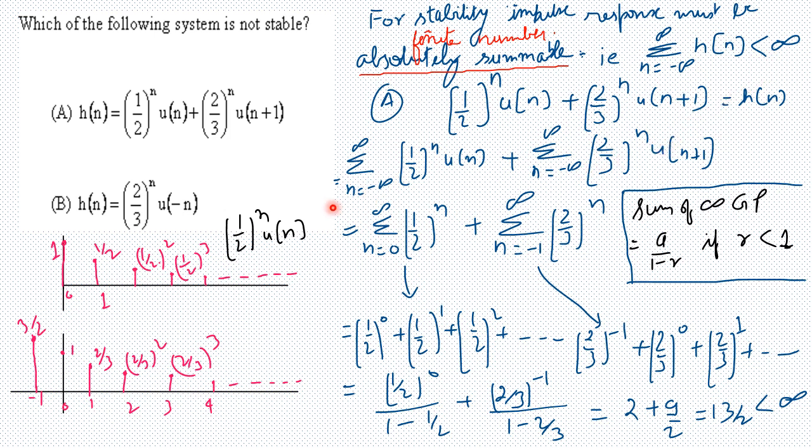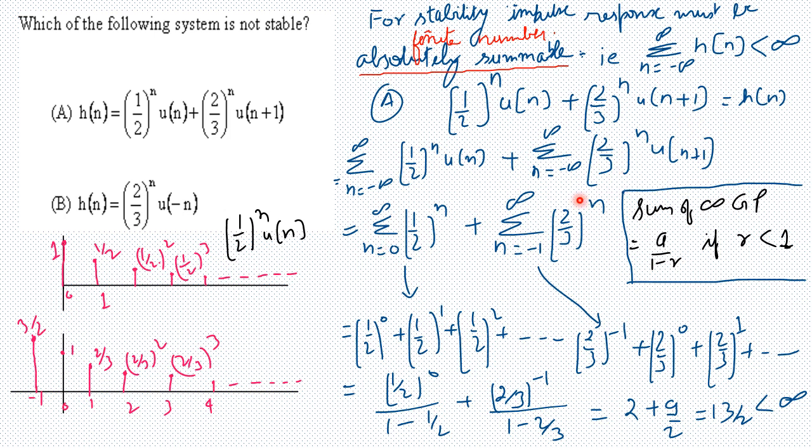So we take the sum from n equal to minus infinity to infinity of (1/2)^n u[n], plus, because we can sum them individually, a second summation from n equal to minus infinity to infinity of (2/3)^n u[n+1].